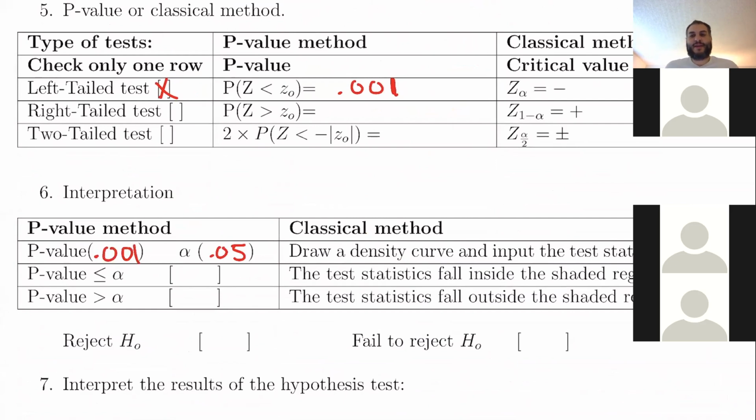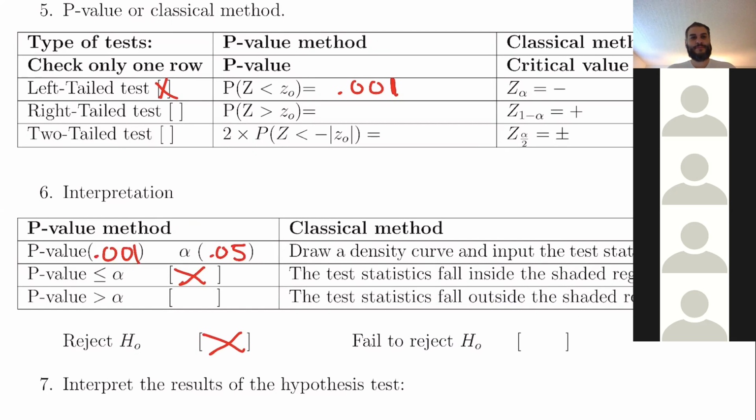Which one is considered bigger, my alpha or my p-value? Alpha. Yes, good. So alpha is bigger, so we check off the first one, which says we reject the null hypothesis. Everybody good on why we select to reject the null hypothesis?